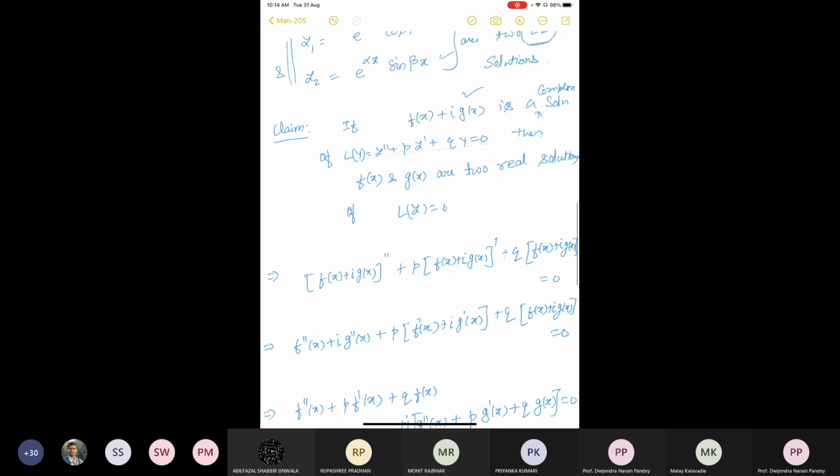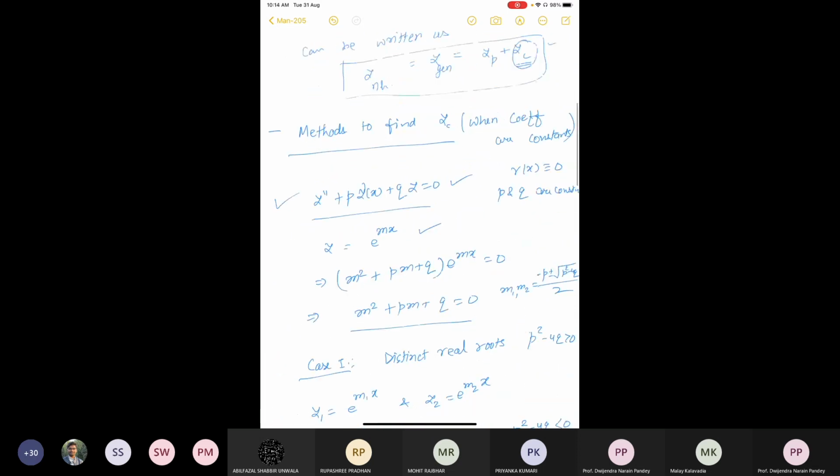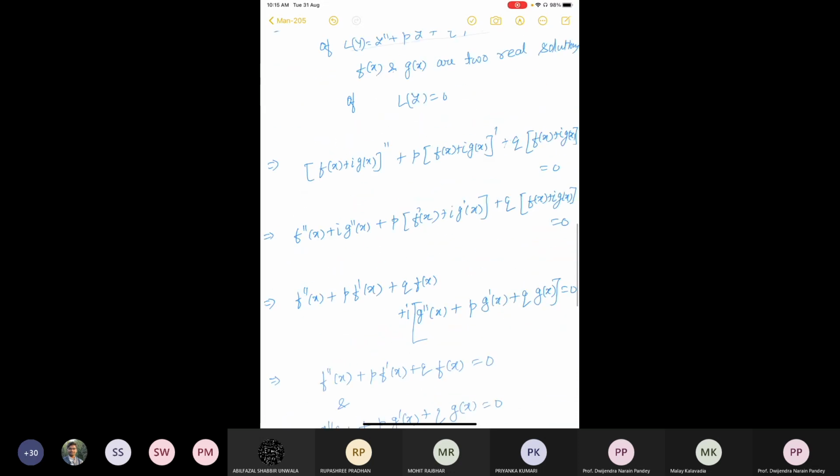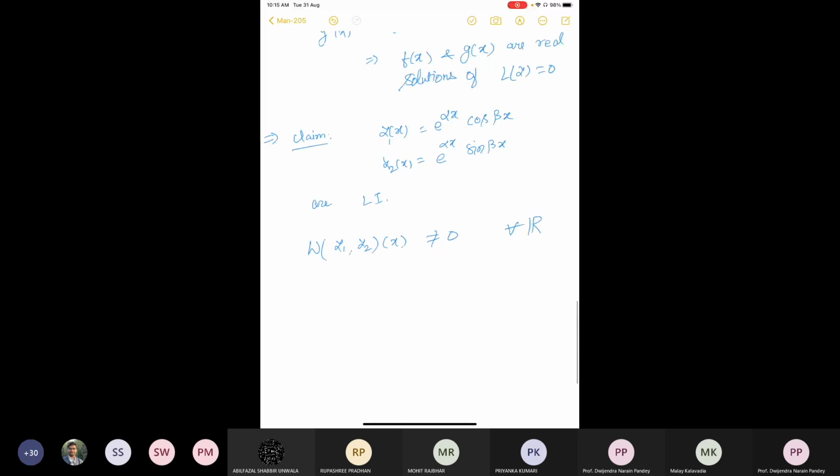Because when I look at the equation itself, the coefficients p and q, since they are constant, are continuous on the entire R, right? So here your Wronskian has to be non-zero for all R, right? So I think you are getting this.